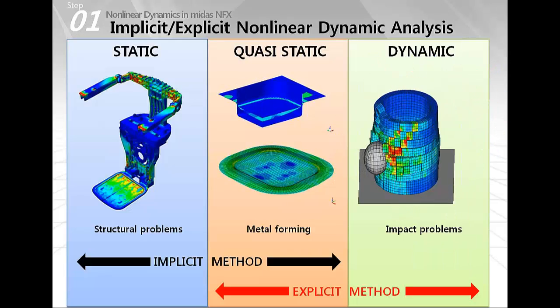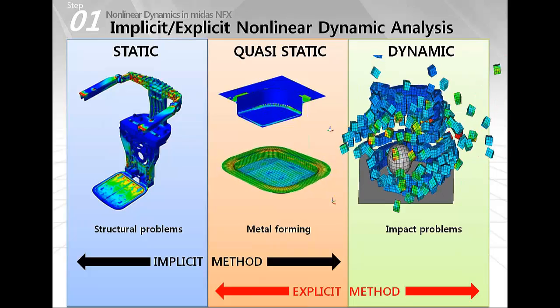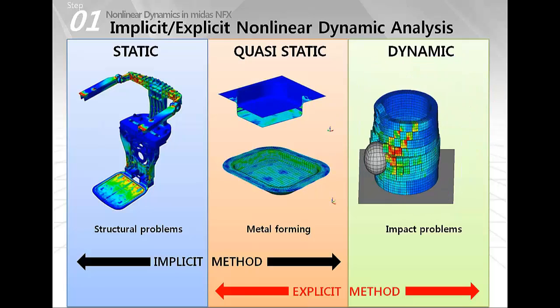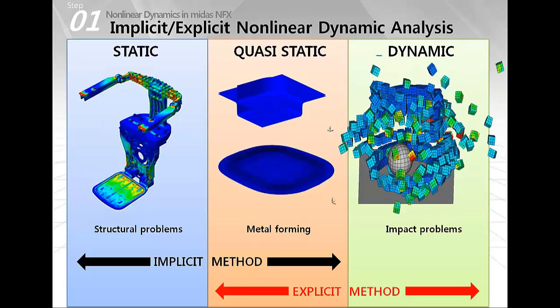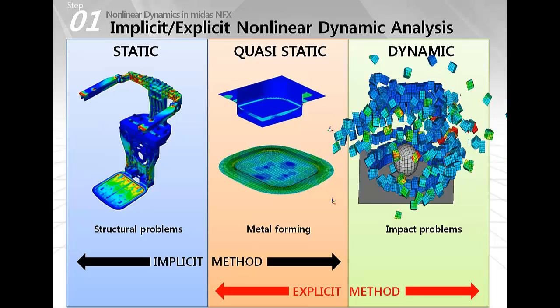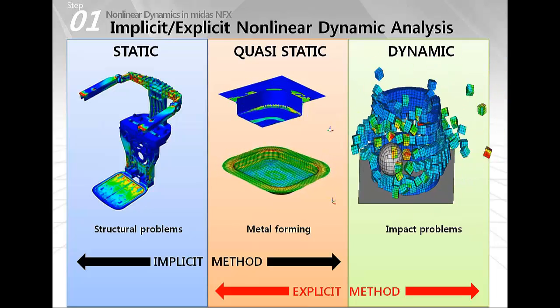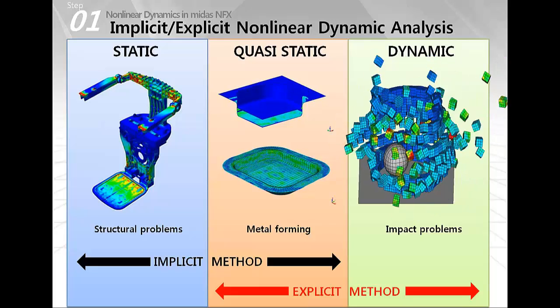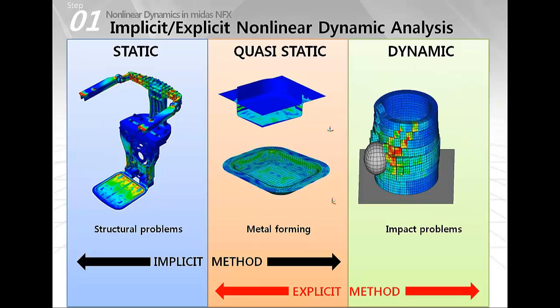The next slide shows the comparison between the implicit and explicit methods. If you want to perform static analysis, you will use the implicit method, but today we will handle dynamic problems. The implicit method will be more convenient for slow dynamic problems.